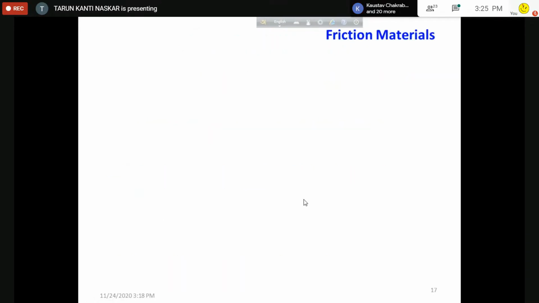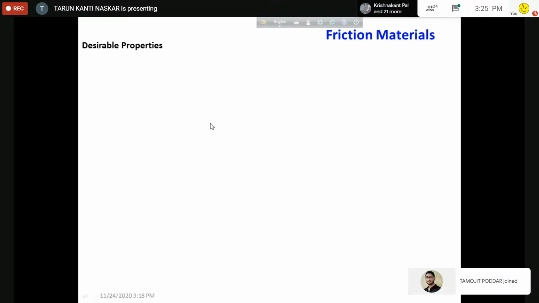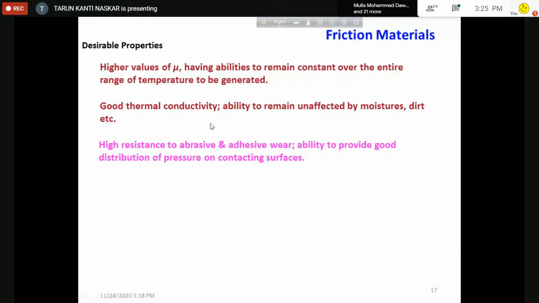Now, friction materials. What should be the desirable properties for friction materials? Higher values of mu, having the ability to remain constant over the entire range of temperature generated. So, mu should be higher, and since there is high heat generation, over the entire range of temperature, mu should remain constant.